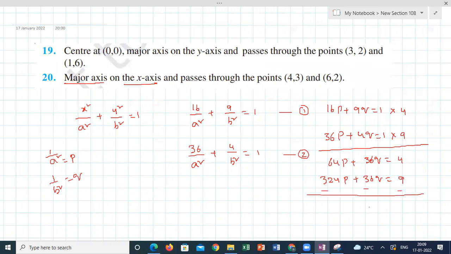Subtracting, this is 0q is equal to minus 5, and this is minus 260p. So p is equal to minus 5 by minus 260. What is the p value, how much are you getting?